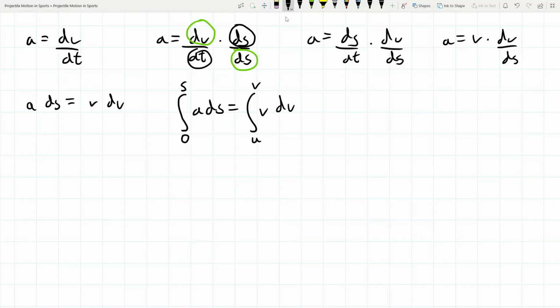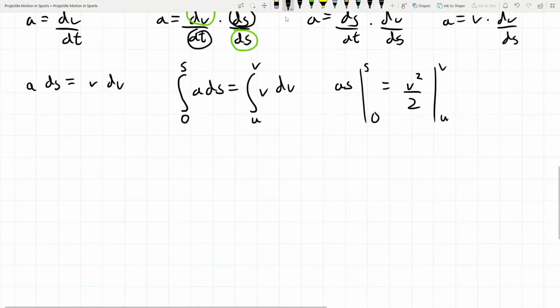Okay? So now we're just going to integrate. So the integral of a ds, the integral of a constant, that's just going to be as, evaluated from 0 to s, is equal to the integral of v with respect to v, which is v squared over 2, evaluated from u to v. So now we're going to plug in our limits of integration.